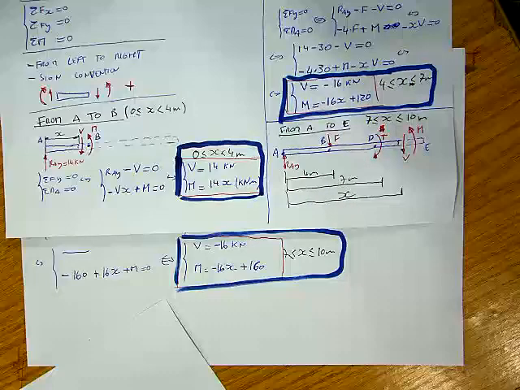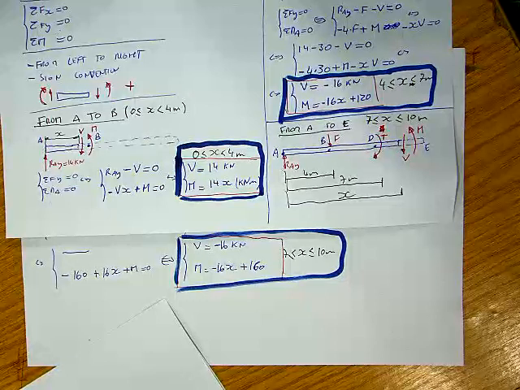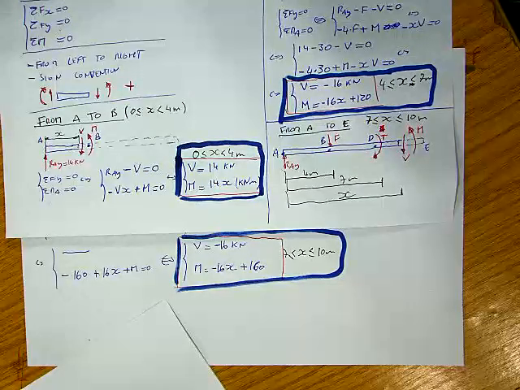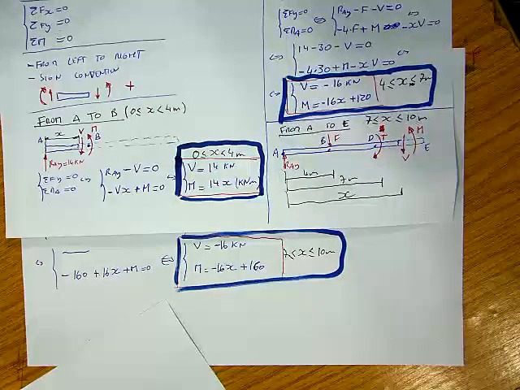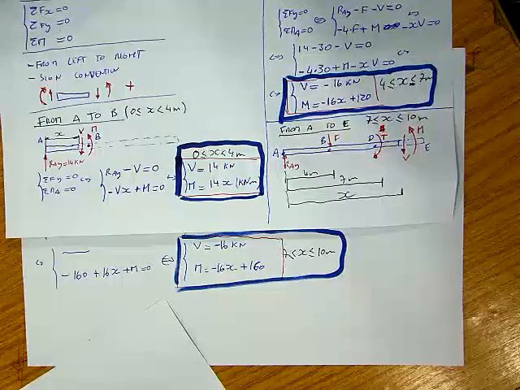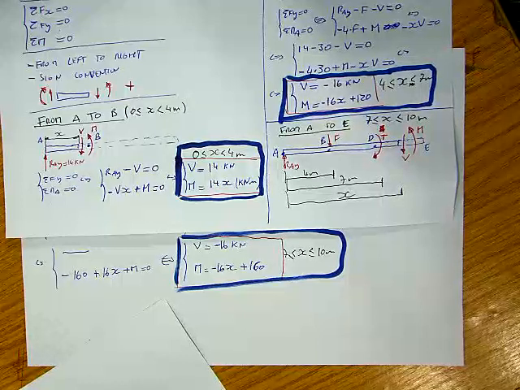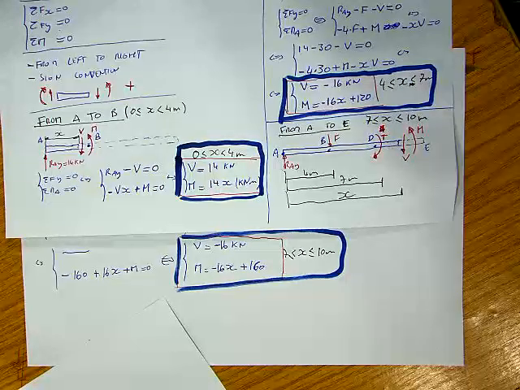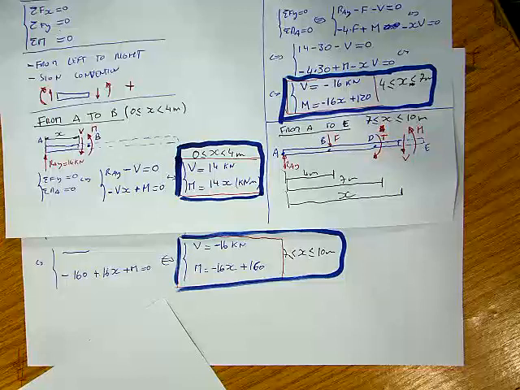So I can write V equals to 14 for 0 smaller than equal than x smaller than 4 meter, and minus 16 kilonewton for 4 smaller than x smaller than 10 meter.